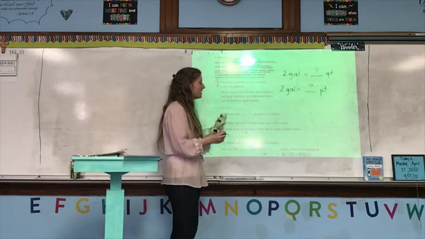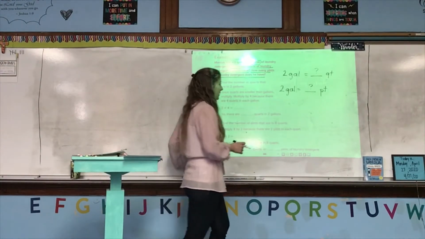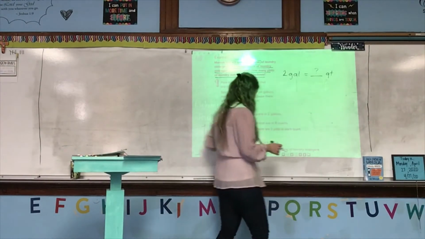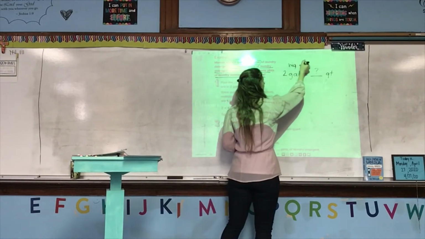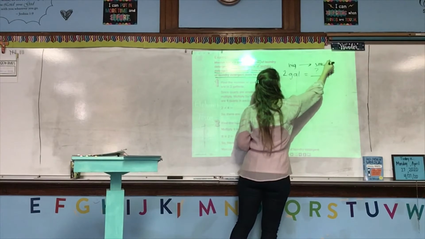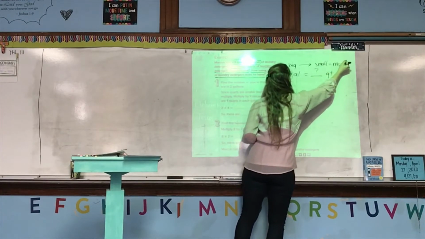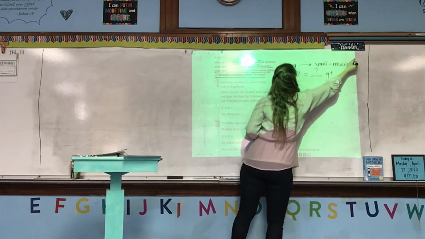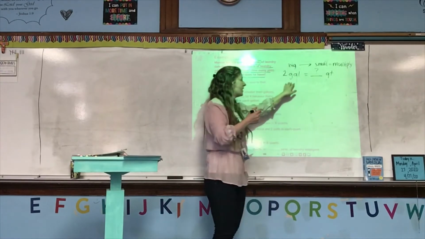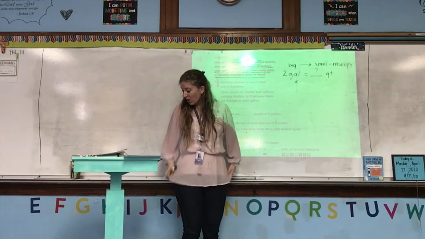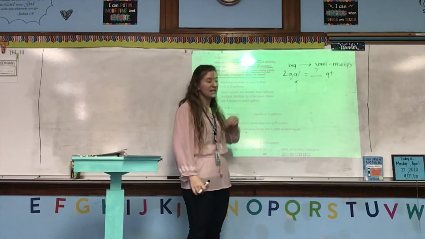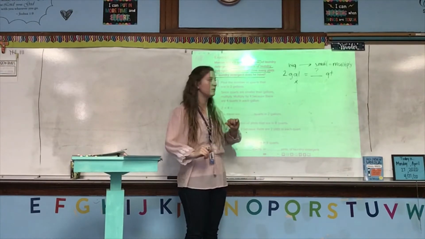So to do that, I'm going to erase this really quick because we don't need it right now. We know that we're going from big to small, which means we multiply. So I'm going to go underneath, and I'm going to bring my multiplication symbol down. You have some room underneath or above the chart where you can be doing this with me.